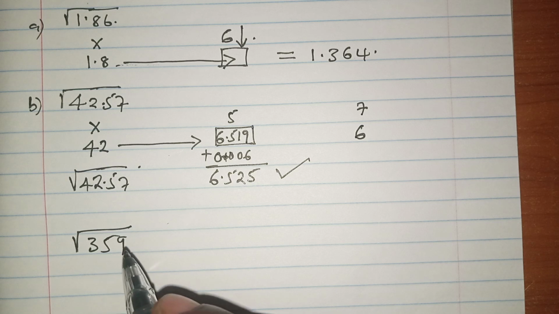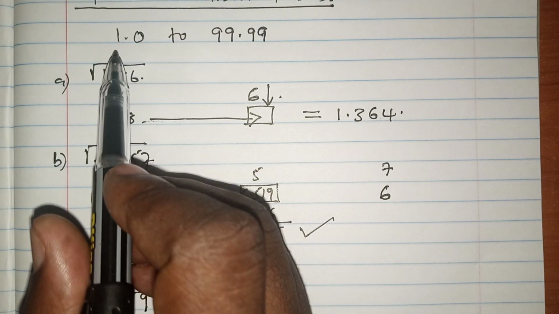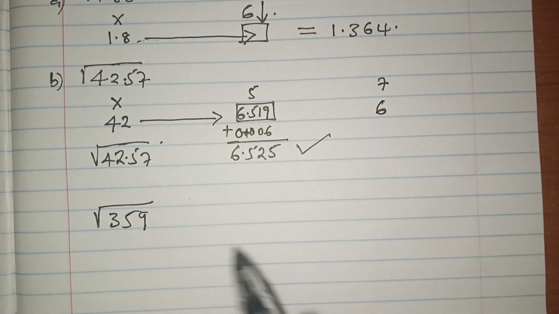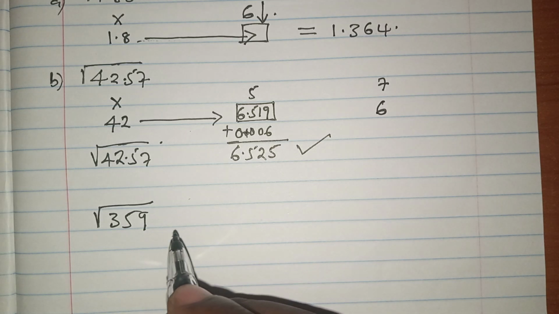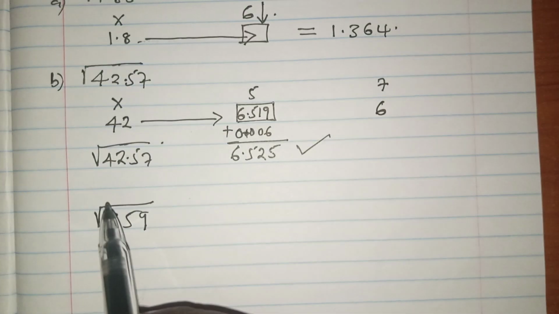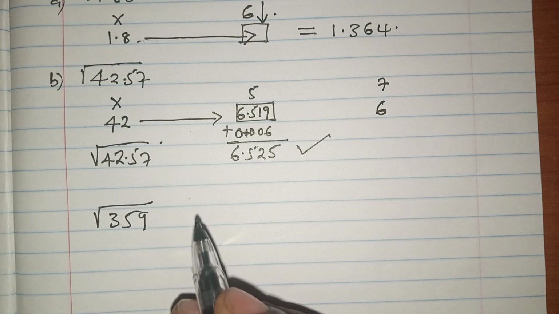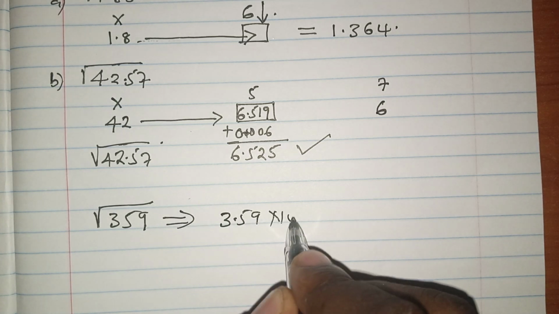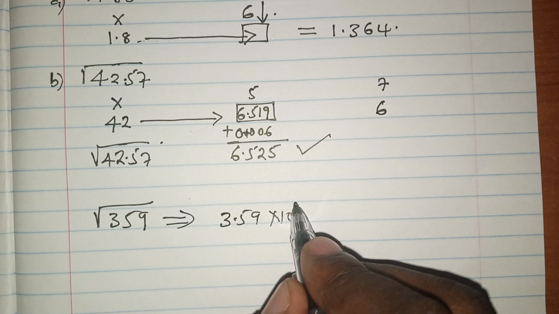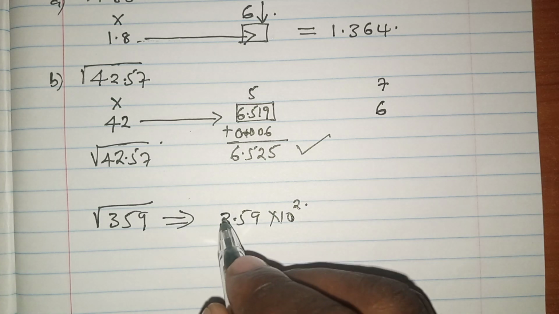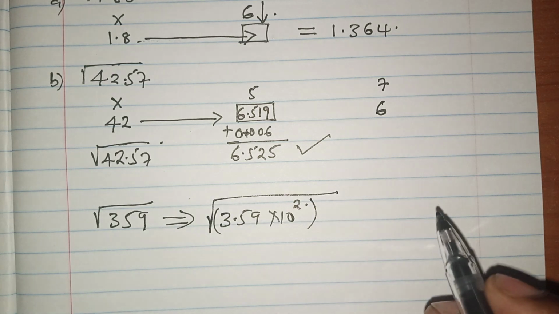Remember, the table gives us the square root of numbers between 1 and 99.99. So we should be clever enough to write 359 as a number between these limits, like 3.59 times 10 raised to power 2. And this is the best approach.